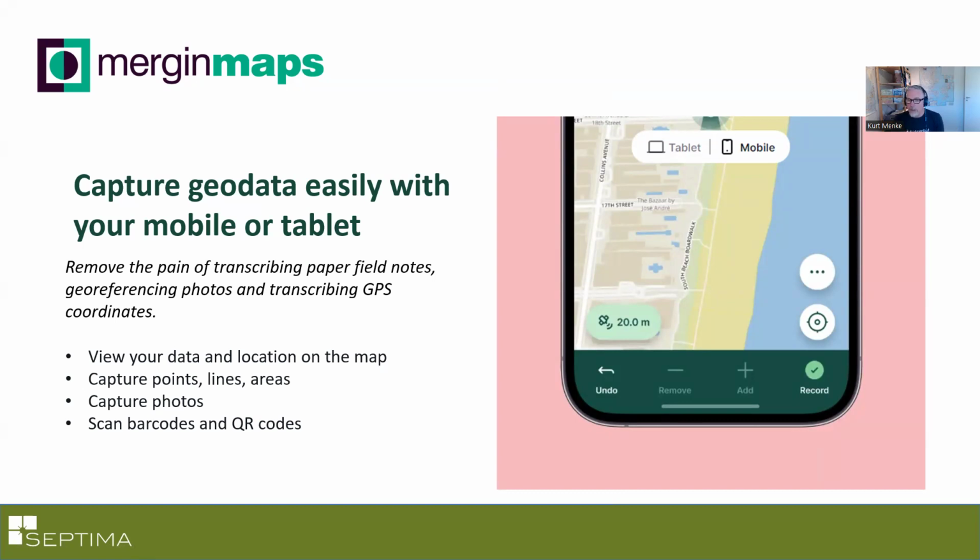So you can view your data and you can see your location on the map. You can capture points, lines, and polygon data in the same project. So you can have multiple survey layers in a project. You can capture photos that are tied to features. You can scan barcodes and QR codes. So it's a pretty powerful data collection app at this point.